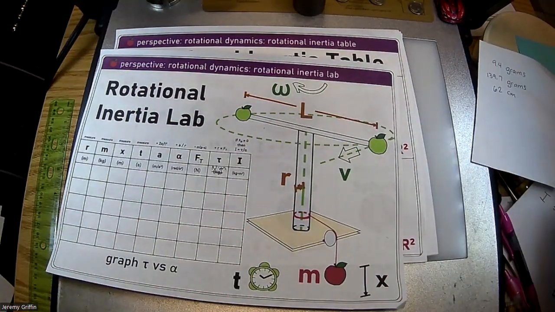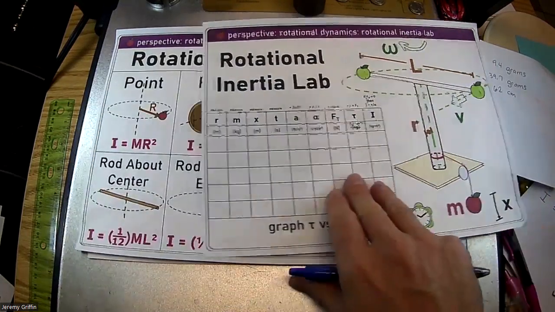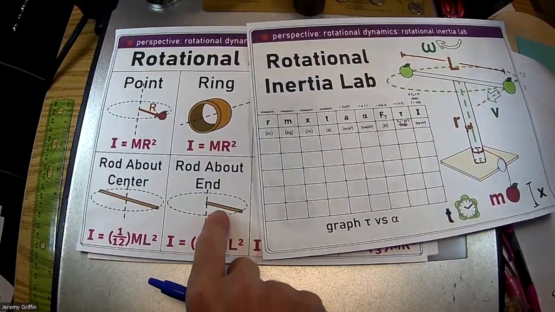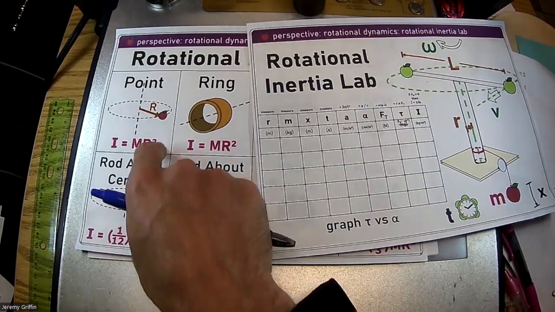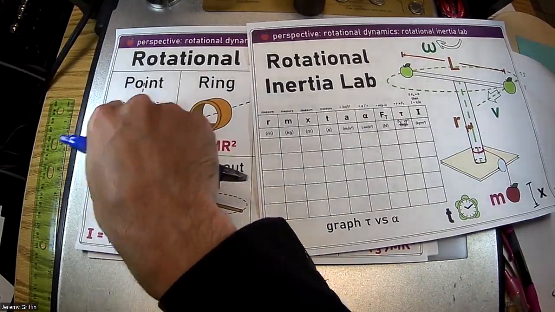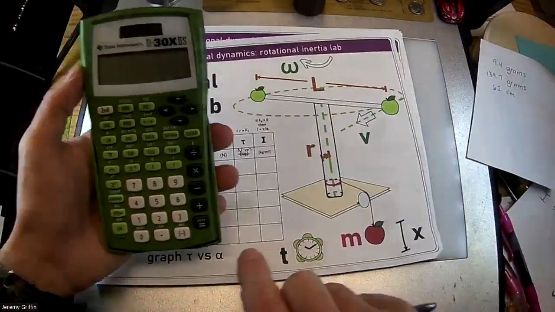If you add everything up, I'll do 1/3 ml squared for this arm, 1/3 ml squared for the other arm, then mr squared for each point mass, so two of those. What do I get? I'll do this on my calculator.